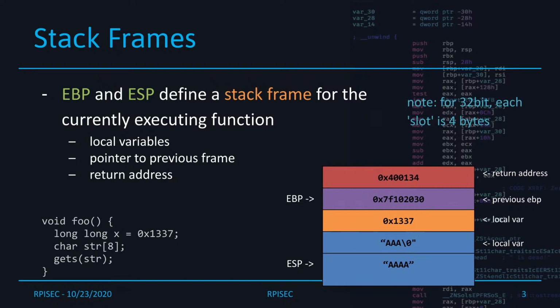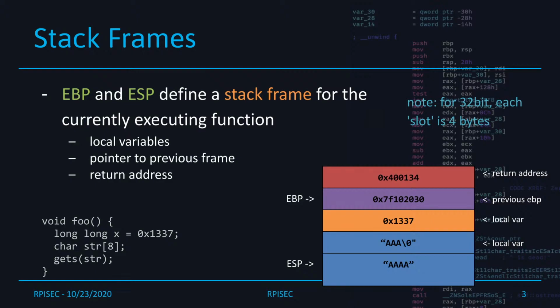It takes the previous base pointer from whatever function called this one, and throws that onto the stack above all the local variables. Likewise, it does the same thing for the return address. That saved base pointer and saved return address are a way that we can ensure that we jump back to the right point in the code and also the right point in the stack when we call a function and return.